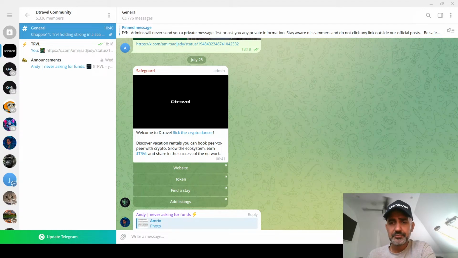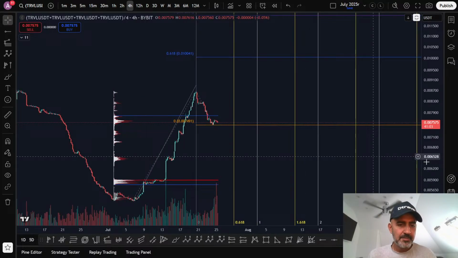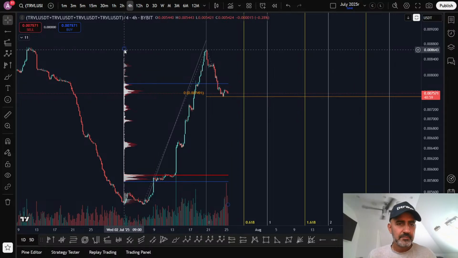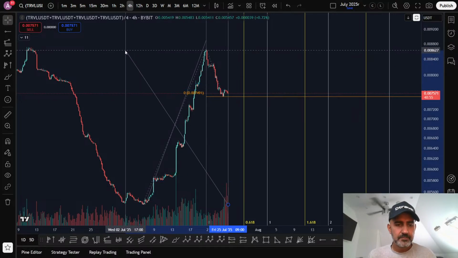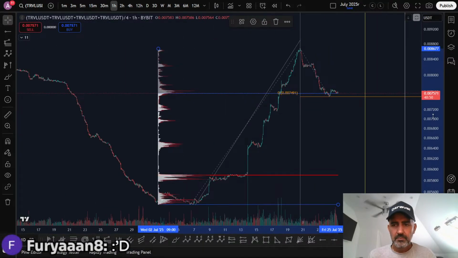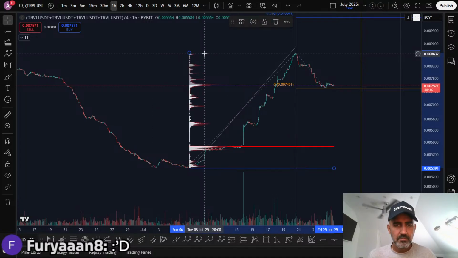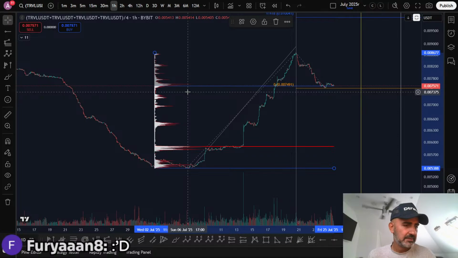terrible correction that we've experienced, now it's time to pump. That's what I think. So let me have a look at the charts. So let's just go back and recap. This is the volume from the lows here. So we're kind of teetering at the value area high, you see that?